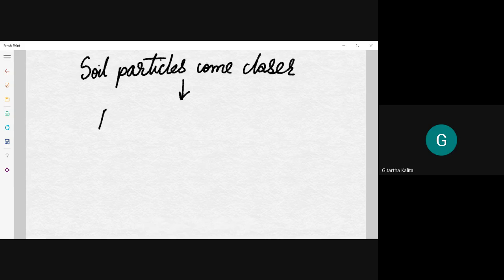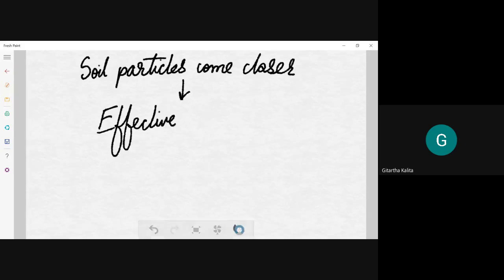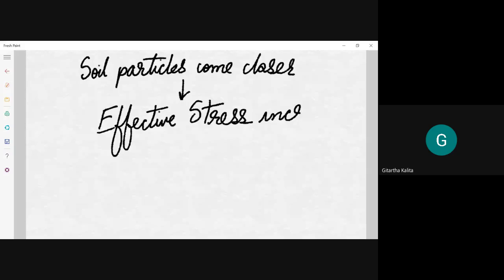Then settlement happens. Same as volume change, same thing.